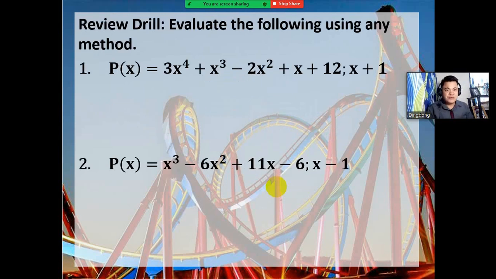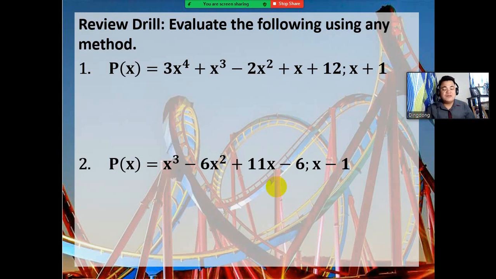Alright, but before we proceed to the two theorems, it's really important to review first the process of evaluating polynomial functions. In the previous videos, we learned the two methods, wherein the first method is what we call the synthetic substitution and the other one is what we call the direct substitution.